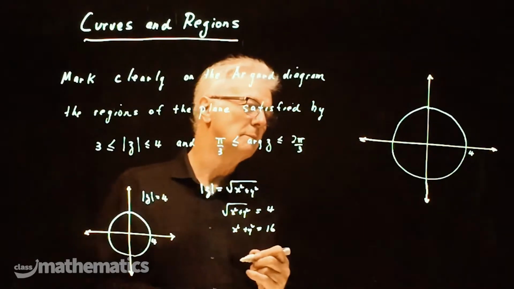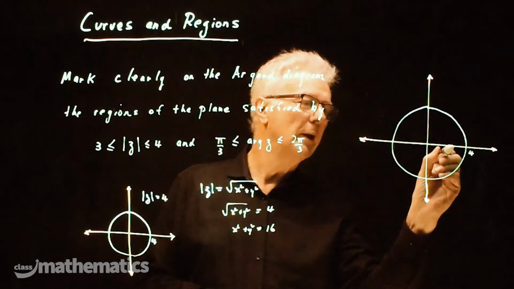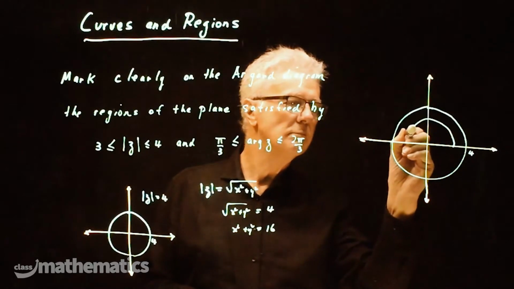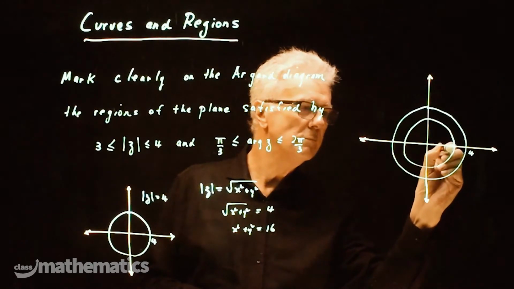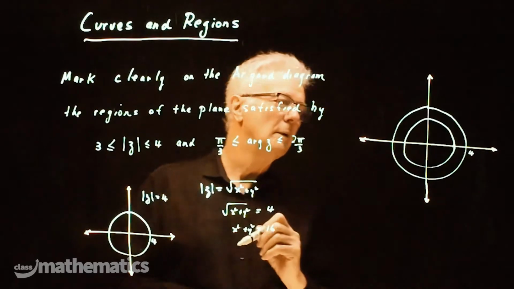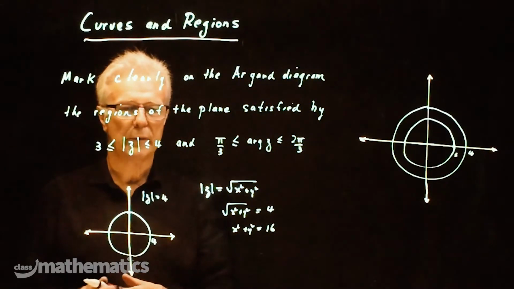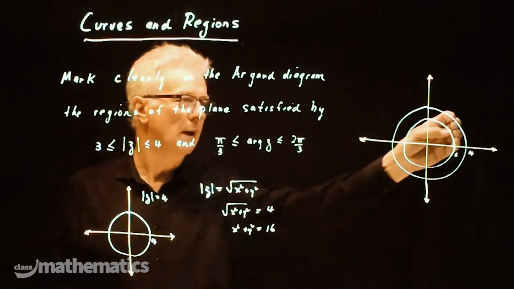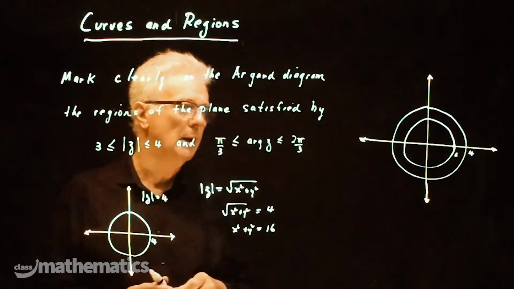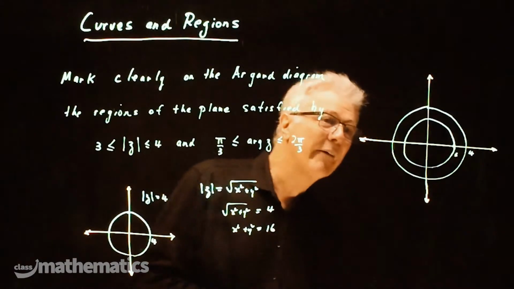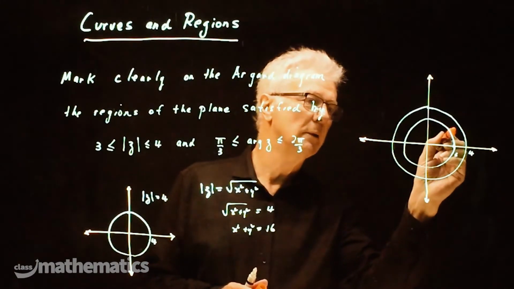Okay, now the 3. Alright, so that's 3 there. So that means that if it's less than 4 but greater than 3, it must be all the area in between those two.